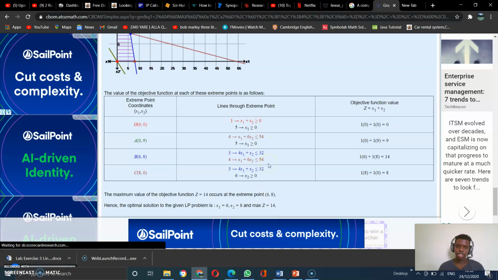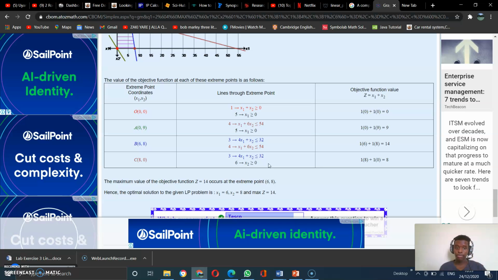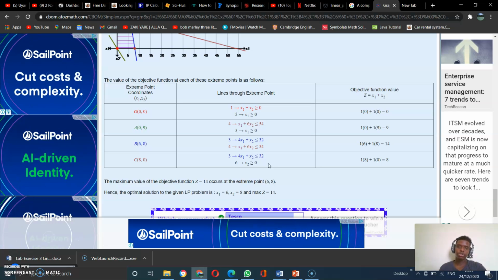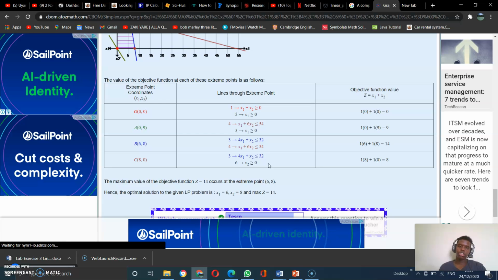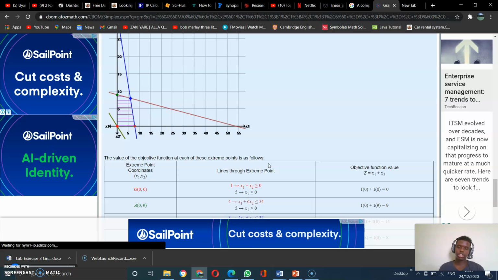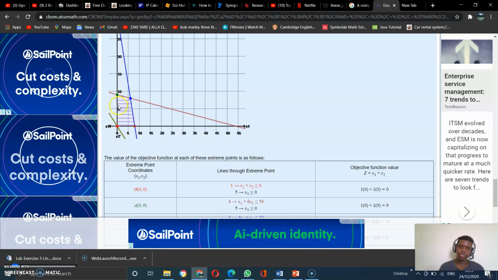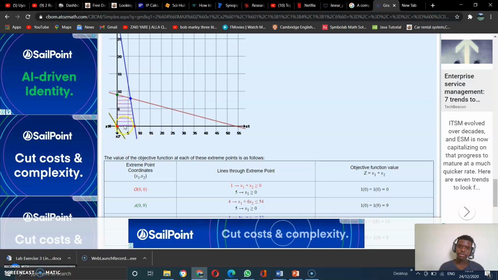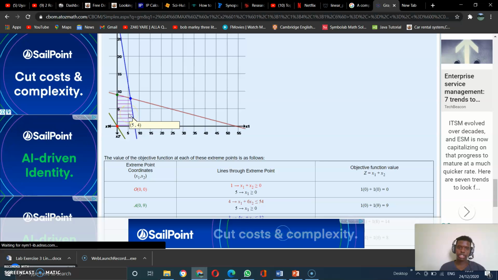So the maximum value of the objective function is 14, at the extreme point 6, 8, and that is my answer. This is also the graph, and this is our maximizing area.